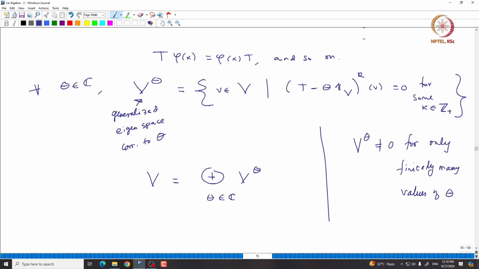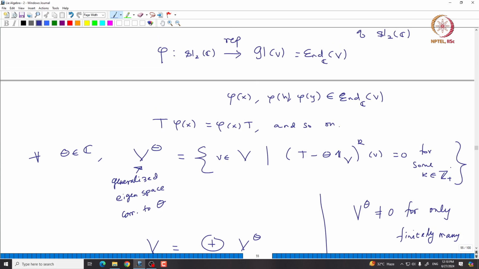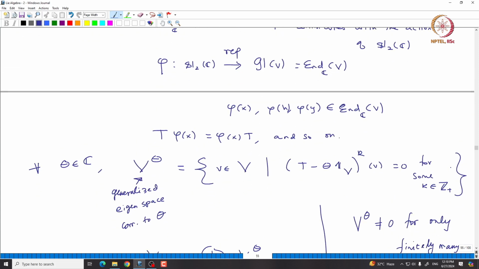Now what is special about this V theta? It is a simple exercise. If phi x commutes with T, then this generalized eigenspace will be invariant under phi x.